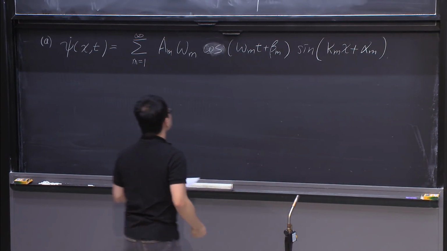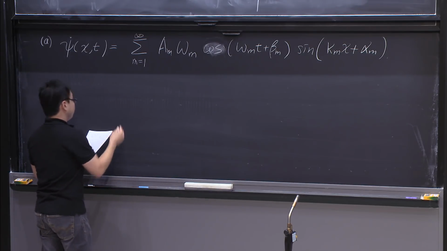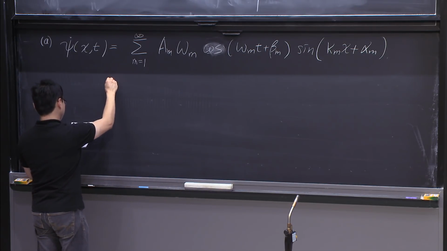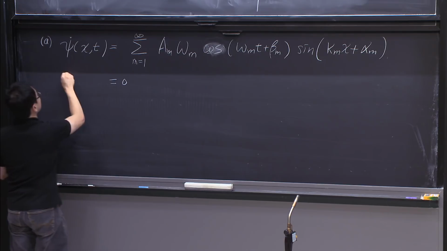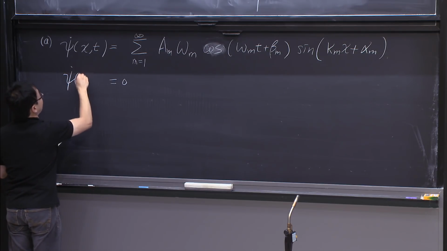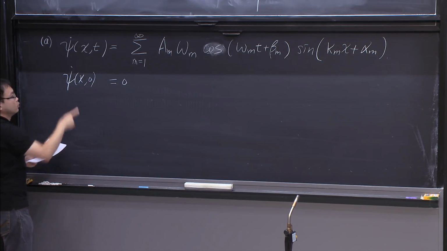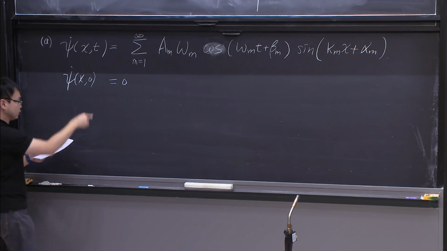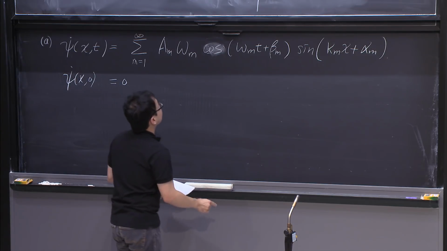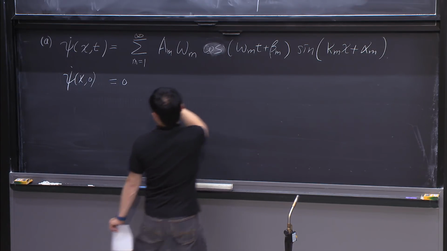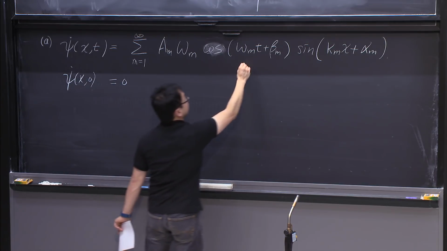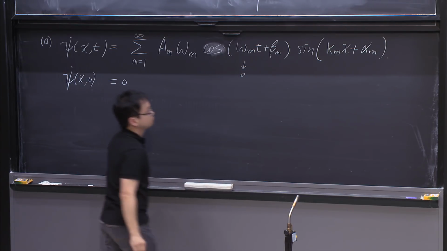And this is actually equal to 0 when psi dot x t is evaluated at t equal to 0. So if I plug in t equal to 0 into this equation, this becomes 0.